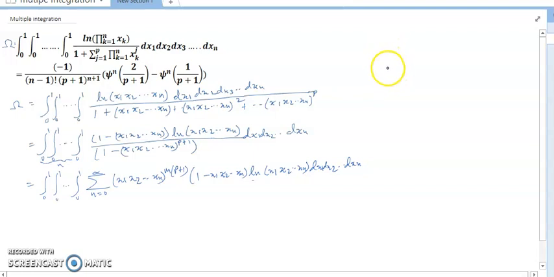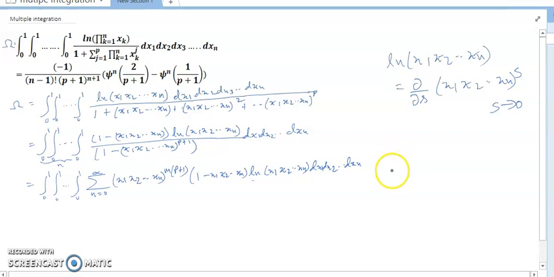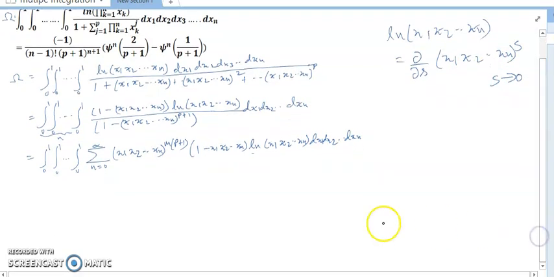Suppose ln x1 x2 up to xn can be written as del s of (x1 x2 ... xn)^s, where s tends to 0, because d/dx of a to the power x is a to the power x into log a, where x tends to 0 means this is 1. So this is very simple.